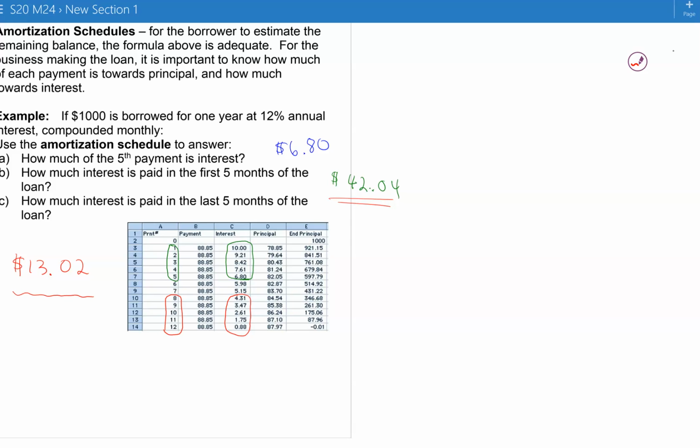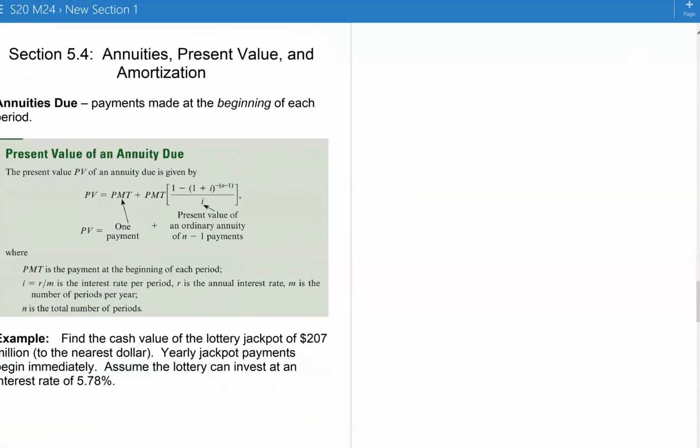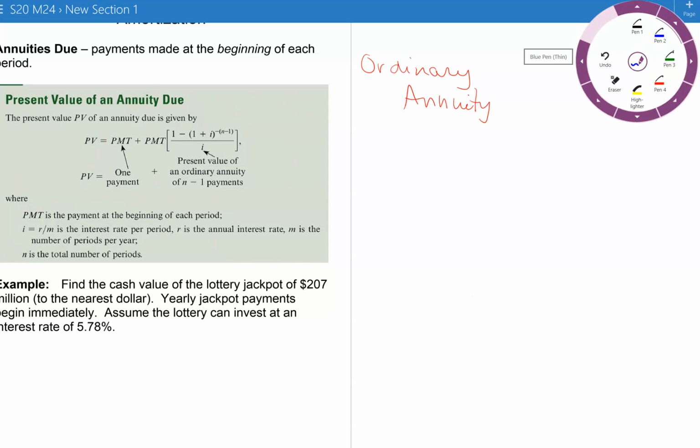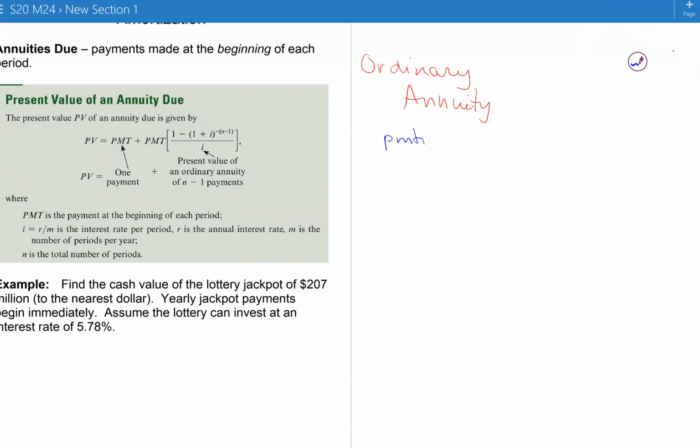Okay, then the last thing we're going to look at is not super common, but I want you to have seen it. So we had ordinary annuities, and the feature that was important about them was the payments made at the end of the period.